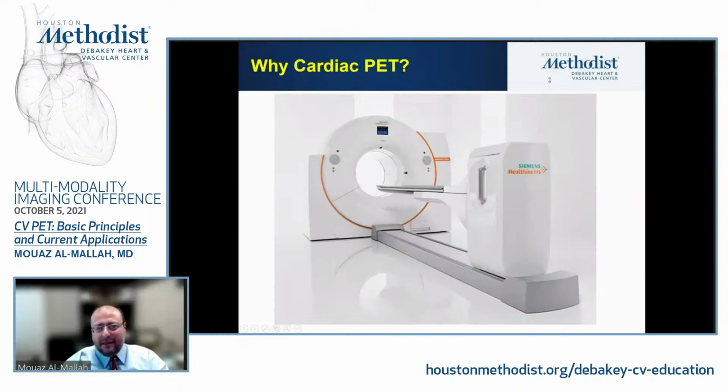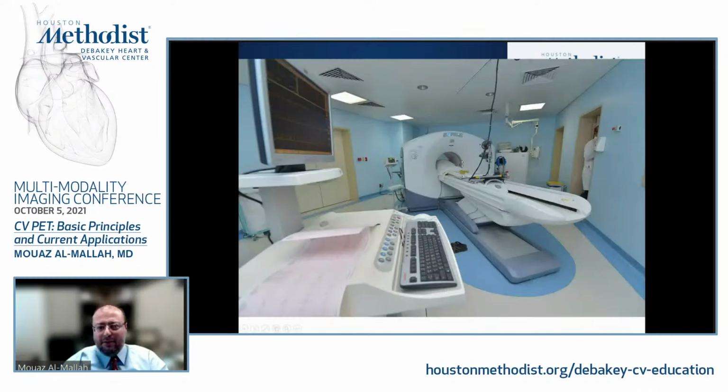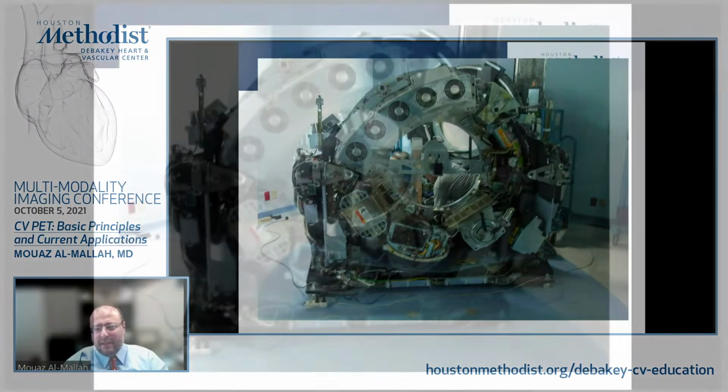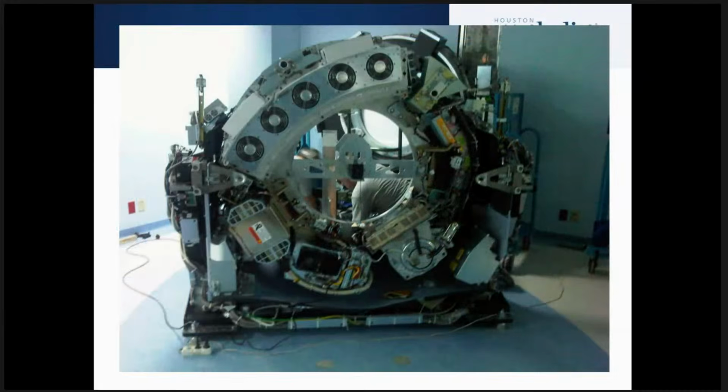Now, if we take off the covers, this is how the machine looks from inside. So it has a PET and a CT. In the front, you have the X-ray tube and the detector, similar to what Dr. Chang described a few weeks ago, where an X-ray tube shoots X-ray beams, and then they are detected after they pass through the patient.